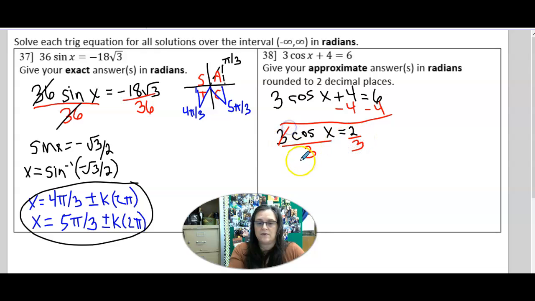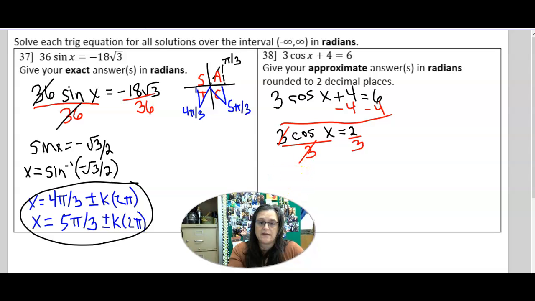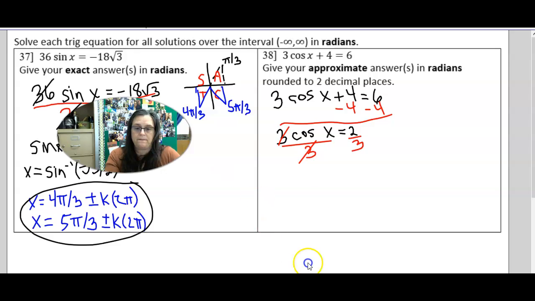and that 3 then will cancel and leave us with cosine of x equals 2/3, and we take the arc cosine of both sides to get the x by itself then. So x is equal to the arc cosine of positive 2/3.